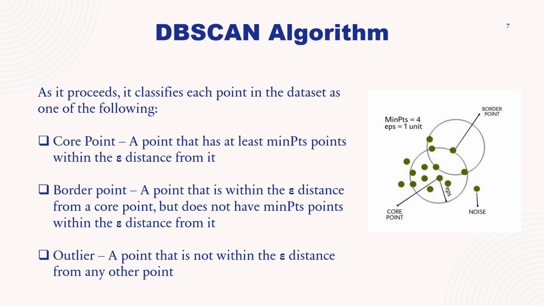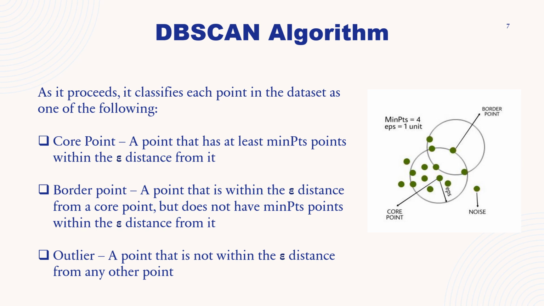For a core point, when I pick any point and I draw a circle around it with a radius of 5, if that circle is able to capture at least four other points, then that point that I have drawn a circle around is a core point.